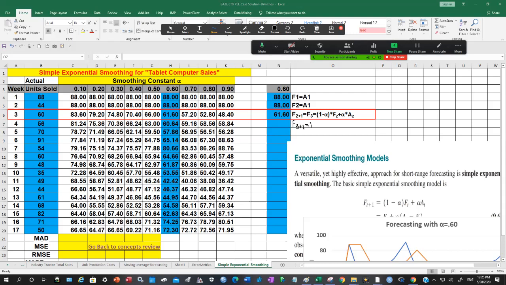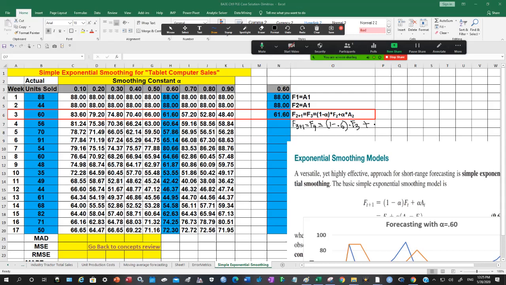This is F of 4, and that would be 1 minus alpha times F of 3, right?